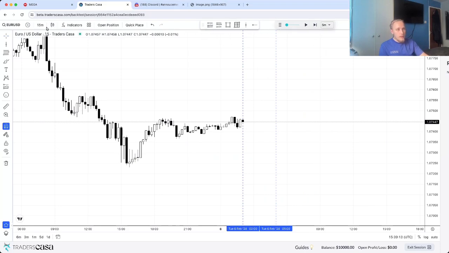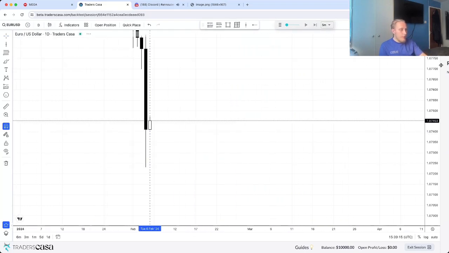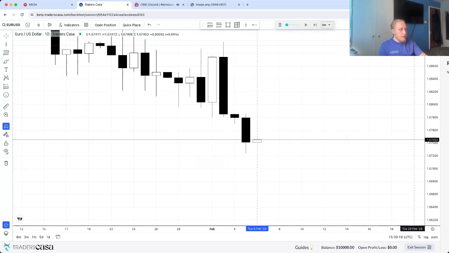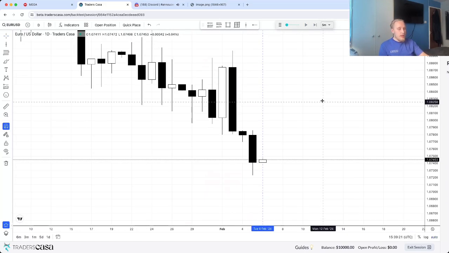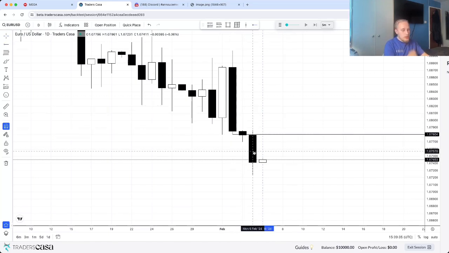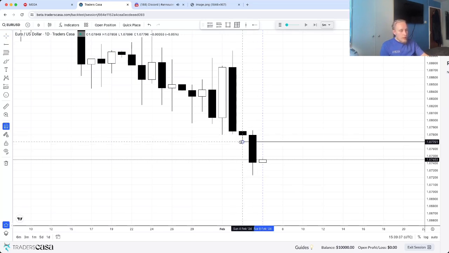Well, to start off, we're gonna go onto the daily time frame to get our high time frame directional bias. As you can see, yesterday's candle closed past the day before's candle, which means we should expect lower prices. This is the Sunday, so you can either use it or just use this one.